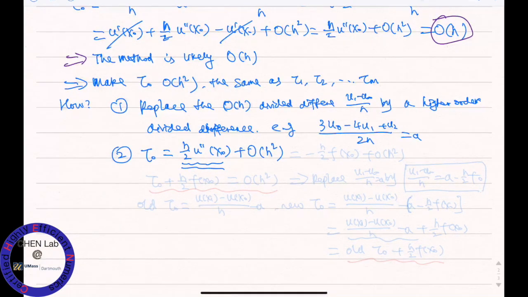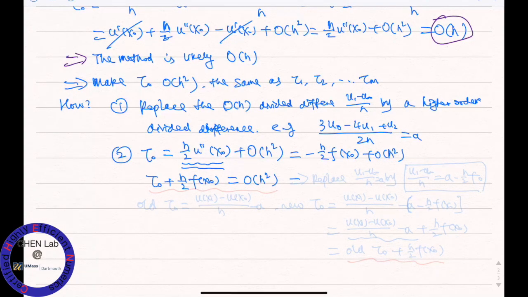If you take a closer look at this, u double prime, we know u double prime, so u double prime is negative f. So that's minus h over 2 f at x0, plus order h squared. So the observation is that tau 0 plus h over 2 f of x0 is indeed order h squared.